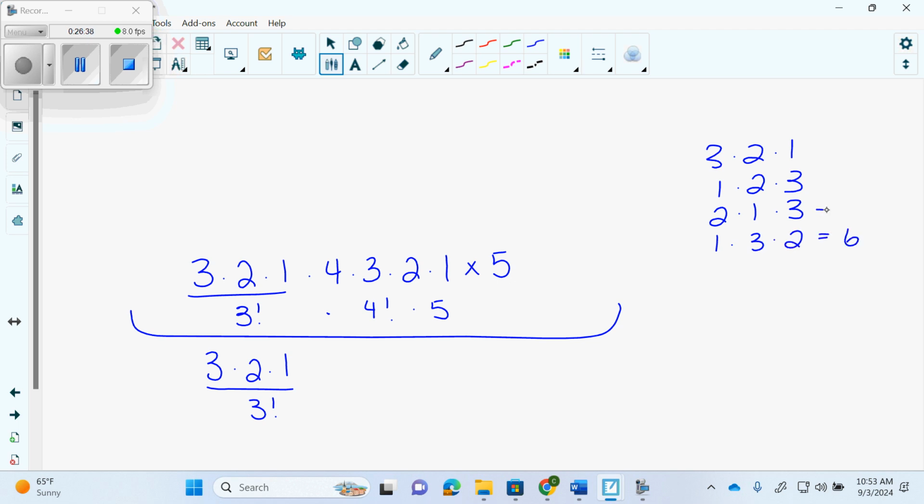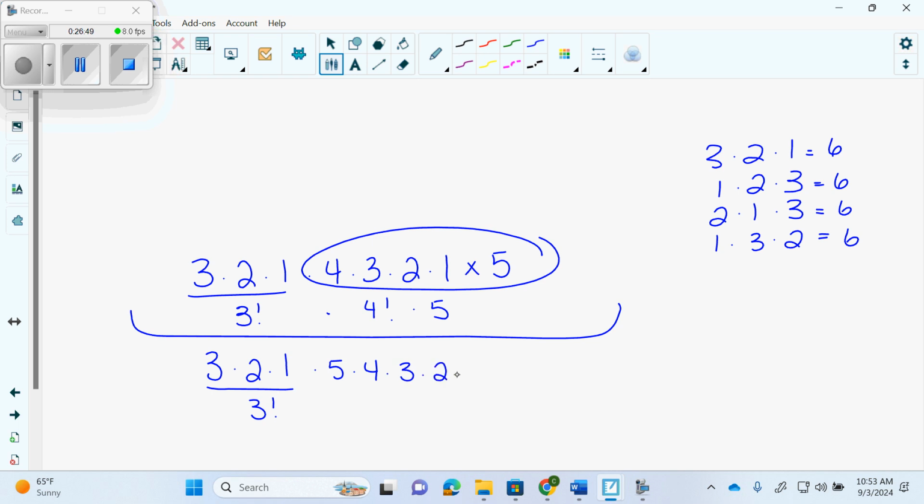These all equal 6, do they not? Is that a true statement? So can I rearrange these to be 5 times 4 times 3 times 2 times 1 and say it's 5 factorial? Can I not do that? That will always work. Why does it always work?